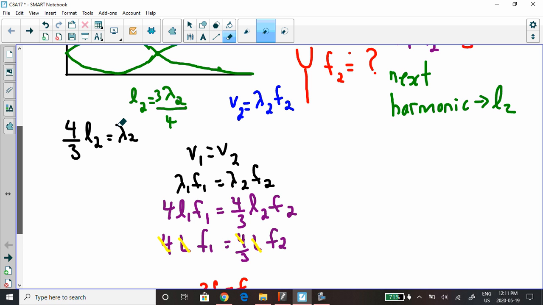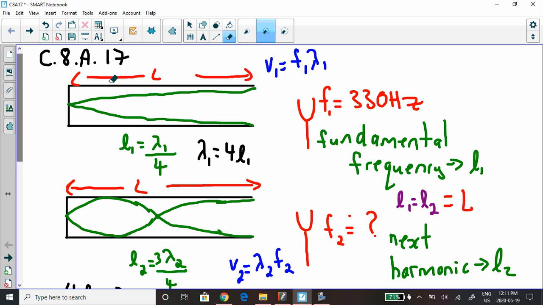I did the rearranging here: lambda 2 is 4/3 the second resonance length. But each of those lengths are part of the same tube. It's just the same tube being worked on by different tuning forks. So the first resonance length and the second resonance length are both L. See that? They're both L.